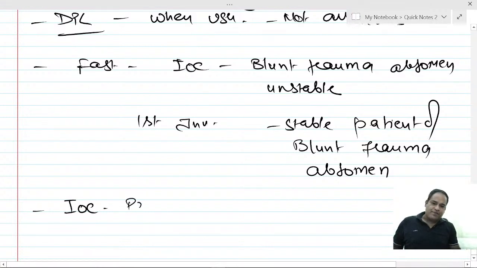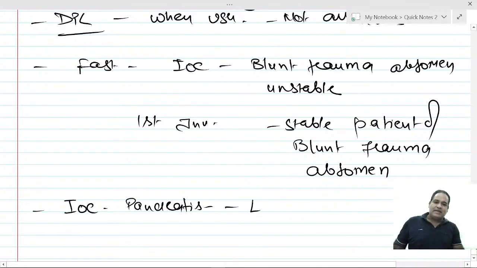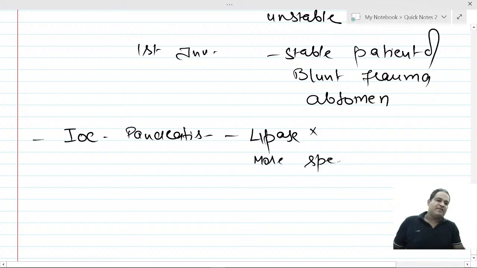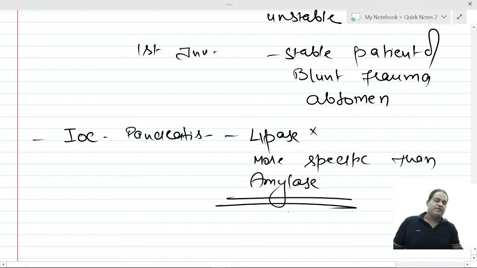Investigation of choice for pancreatitis. You have been told that it is lipase. See, first of all, this is wrong. Investigation of choice remains contrast CT, but lipase is more specific than amylase. Fine.